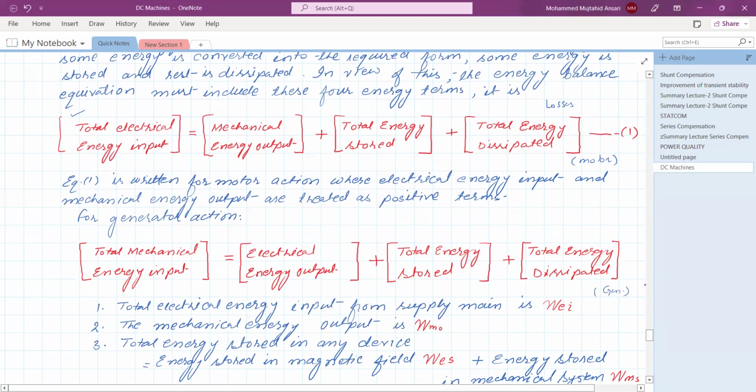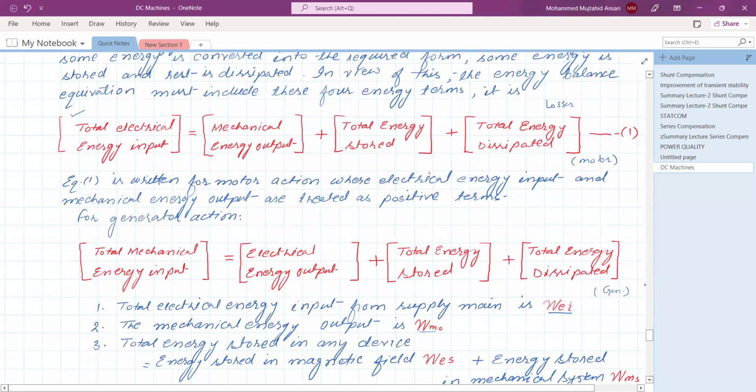For the generator, total mechanical energy is equal to the electrical energy plus total energy stored plus total energy dissipated in the form of heat, because we want to convert mechanical energy into electrical energy with the help of a generator. Here the total electrical energy input from the supply mains is say WEI, input electrical energy. The total mechanical energy output is WMO, M stands for mechanical and O stands for output.